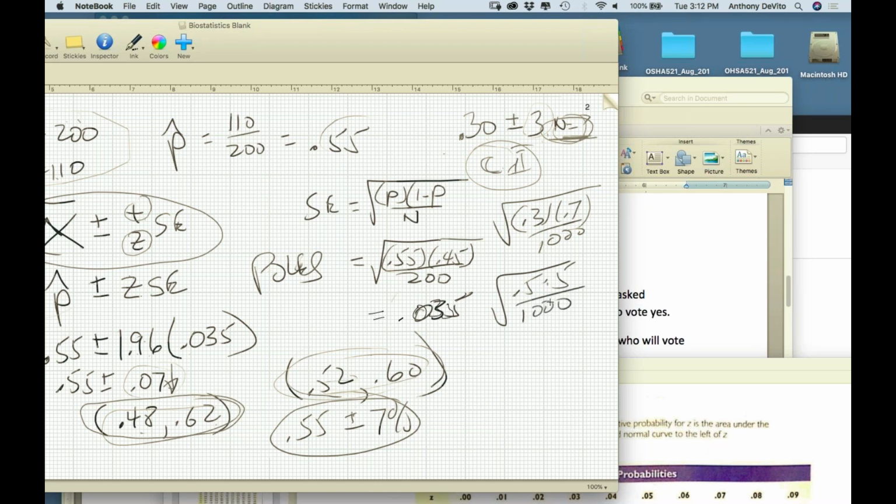Why do they use 0.5 times 0.5, do you think? That'll give you the biggest margin of error. 0.7 times 0.3 is 0.21. 0.5 times 0.5 is 0.25. So they do that. It's kind of a safety thing. That turns out to be the biggest number, and that's really what they use for their confidence interval, for their margin of error.